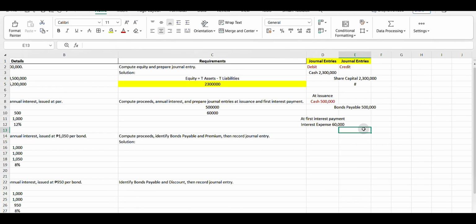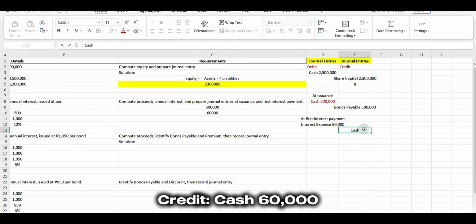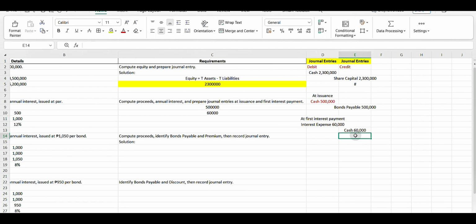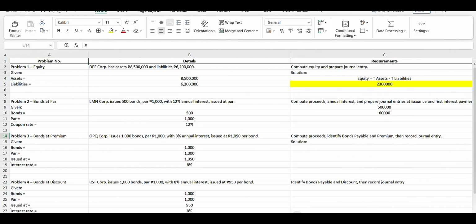Credit to cash, same amount, 60,000 pesos. So again, those are the answers for the first and second part of your problems. Now let's proceed to the third problem, and this is under bonds at premium.